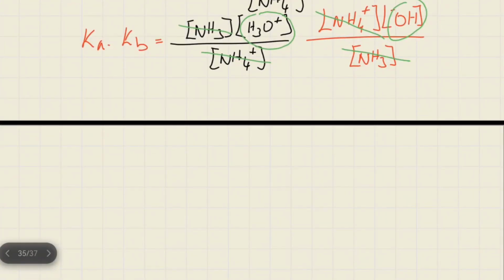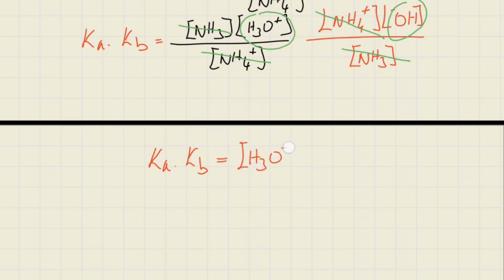So we learned a very important thing. Ka times Kb is equal to H3O plus times OH minus ion concentration. And this value, if you remember from the beginning, is equal to Kw. Wow.